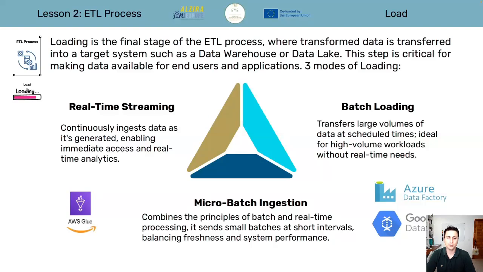Well, we have three different modes of loading that data. The first one is batch loading. So we load data sets in batches. We are transferring large volumes of data at scheduled times.